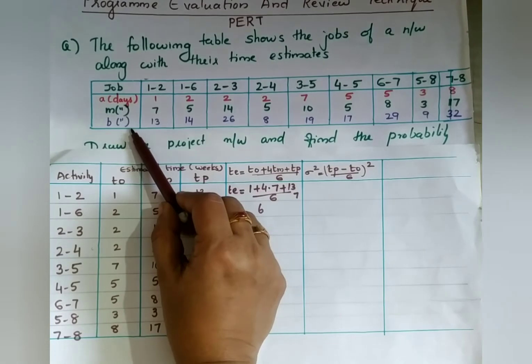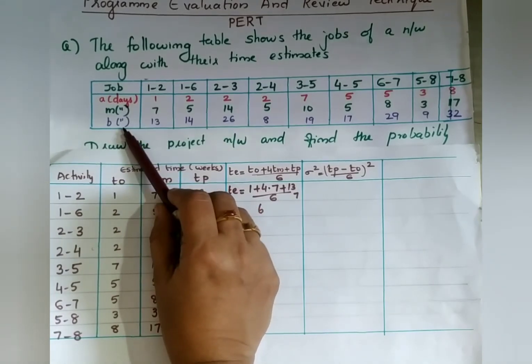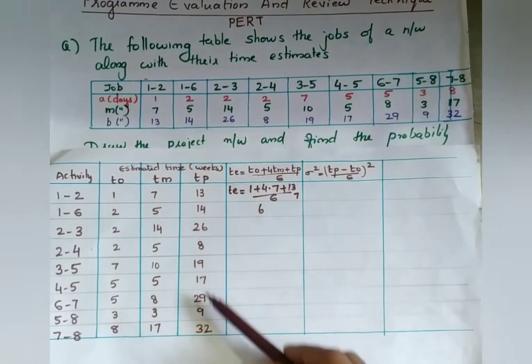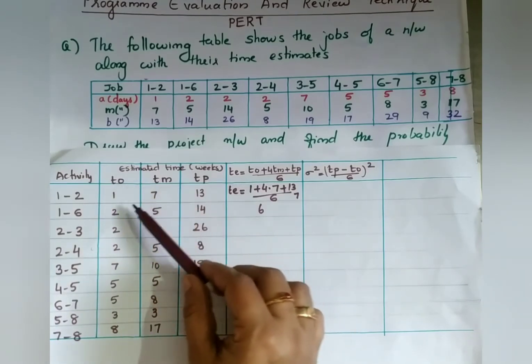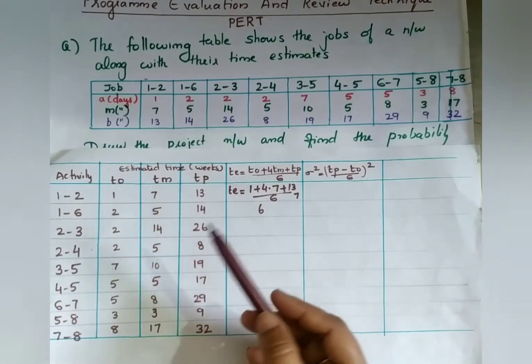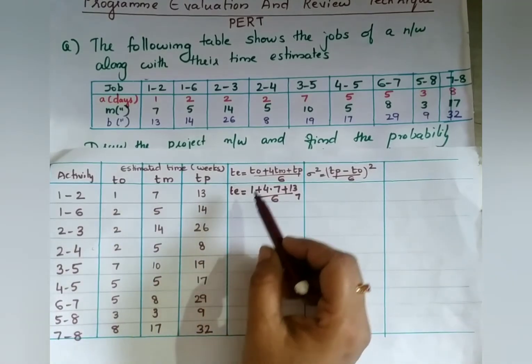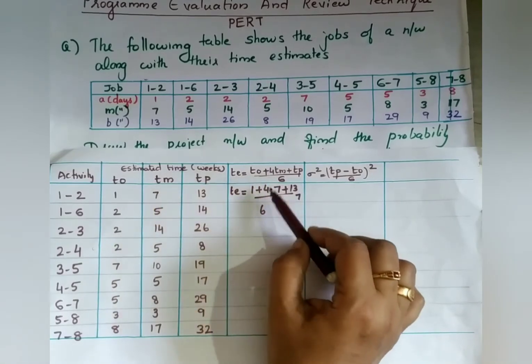And the last one, TP, is this B, with values up to 32. It is not compulsory to write all the T0, TM, TP in the table, but it is easy for us to calculate, that's why I wrote it here. Now we can directly put these values into the equation and solve it.